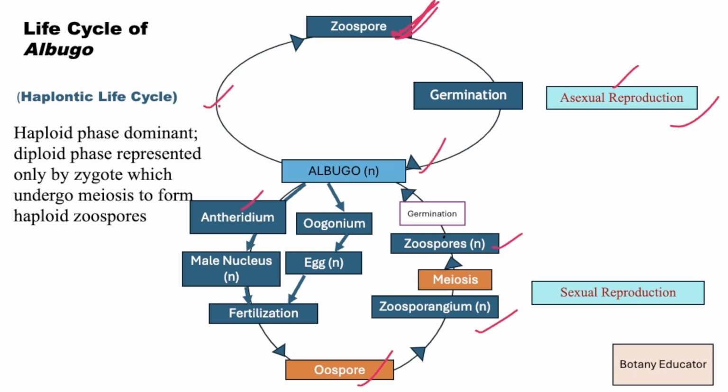So basically, zoospores are the basic haploid structure, which is another main feature of the Oomycetes family, in which flagellated zoospores are formed for completing its life cycle. And this life cycle is haplontic, in which only the oospore is a diploid structure, and the rest are haploid structures. So this is a haplontic life cycle.